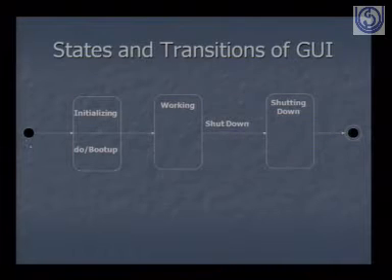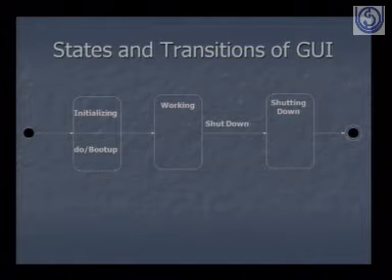Here I am showing the start symbol, and this particular initializing is taking place. For this initializing to happen, I am pressing the button, like the power on button. After that particular action is triggered, it is initializing. Initializing is the state wherein the boot up is performed in the system.